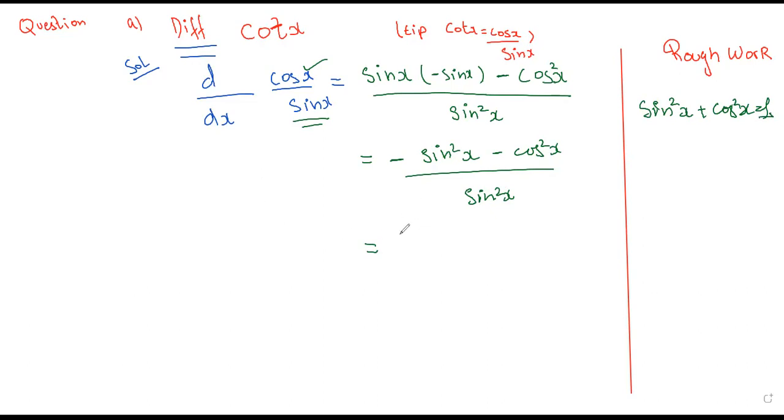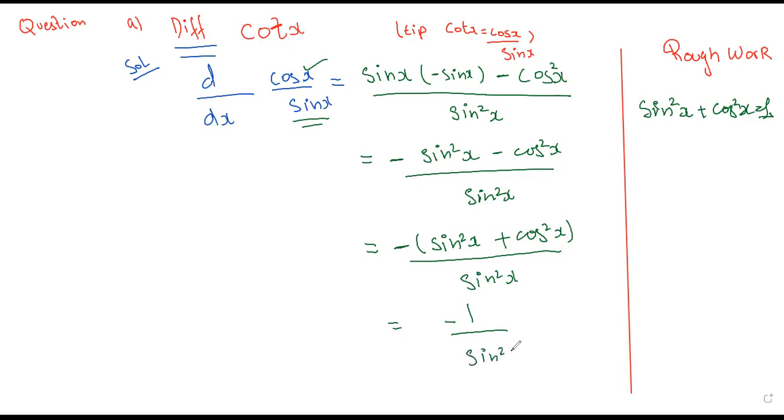Okay, perfect. So we can take minus common. We'll be left with sine square x plus cos square x divided by sine square x, right? And this is basically minus 1 by sine square x. That is minus cosec square x. Yes, very good.